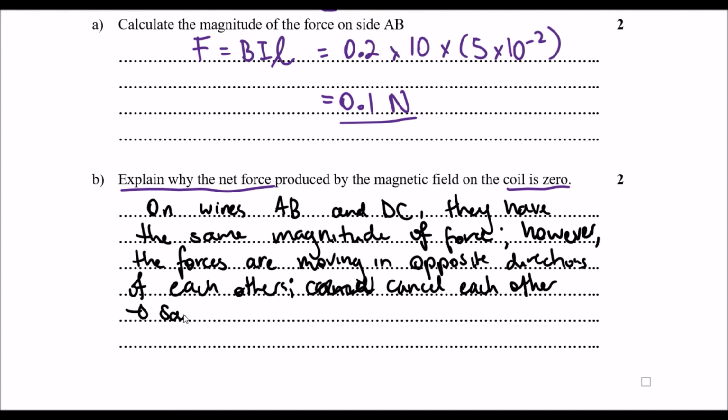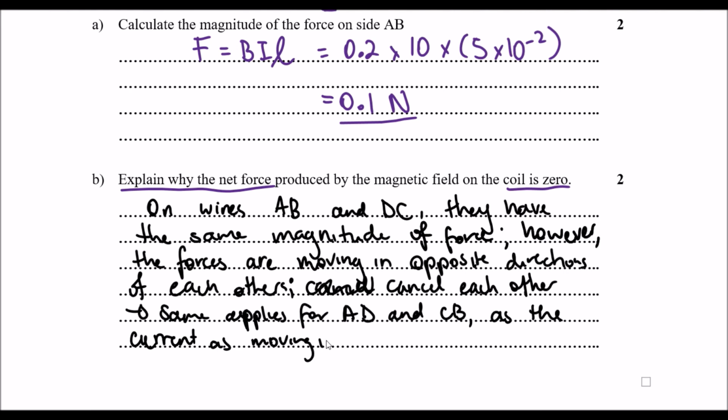And then we can also say the same applies for sides AD and CB, as the currents are moving in the opposing directions of these wires.